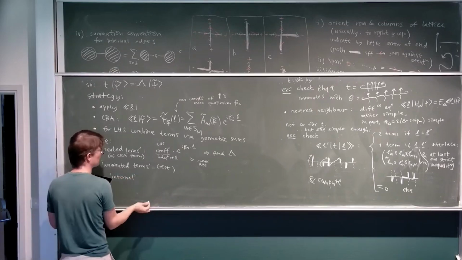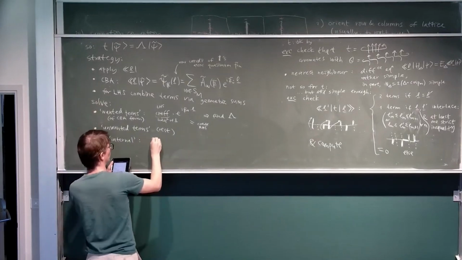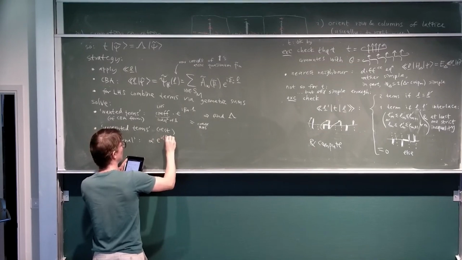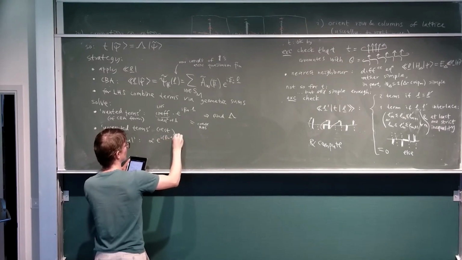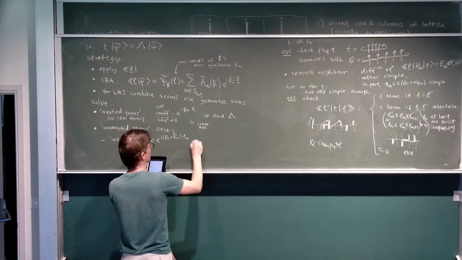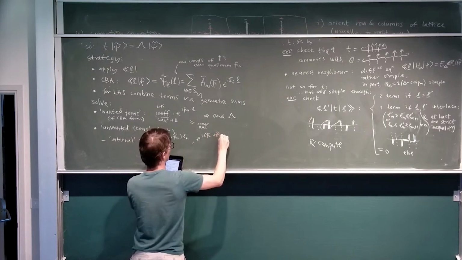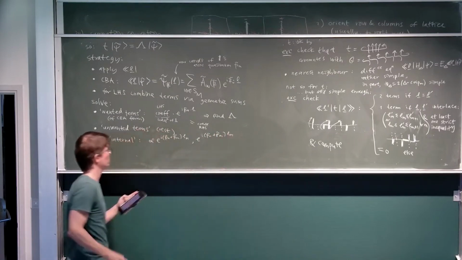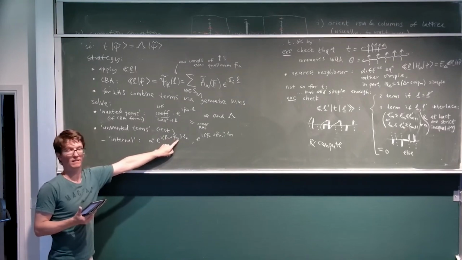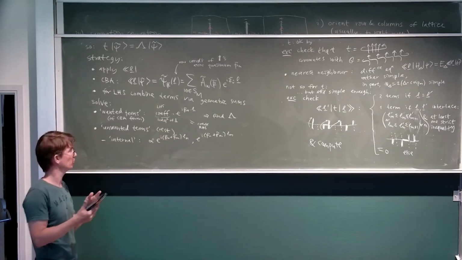And this means they contain things of the form e to the i, some p_n tilde plus p_m tilde times L, or the other way around, e to the i p_m tilde plus p_m tilde L_m. So what you see that happens here is that the nth and the mth thick line are sitting at the same place. But this is not okay. They're not supposed to sit on top of each other.